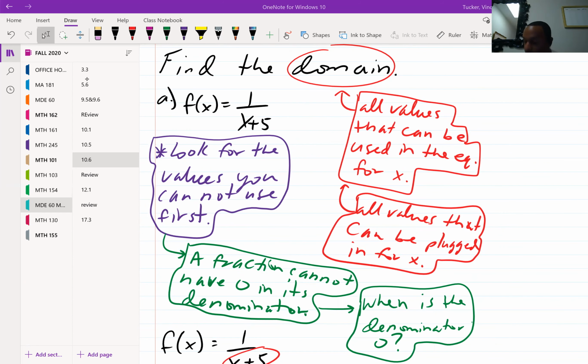Subtracting 5 from both sides, x is equal to -5. So this is the value that cannot be used, because this is when the denominator is equal to 0. And remember, our denominator cannot be equal to 0 because that's when our fraction is undefined.